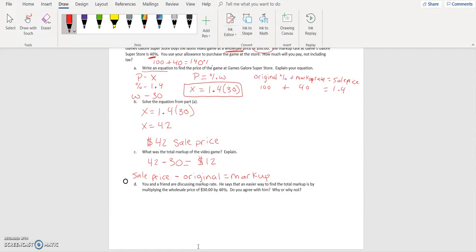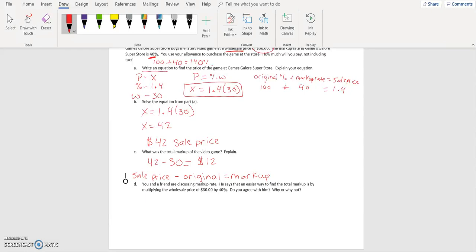You and your friend are discussing markup rate. He says that an easier way to find the total markup is by multiplying the wholesale price of $30 by 40%. Do you agree with him? Why or why not? Okay, so markup rate.